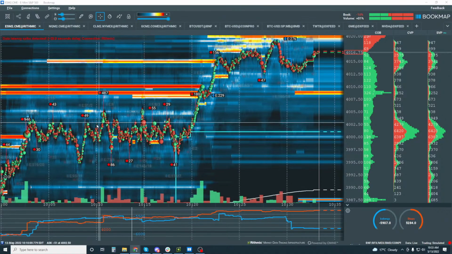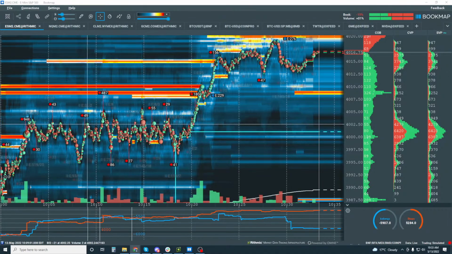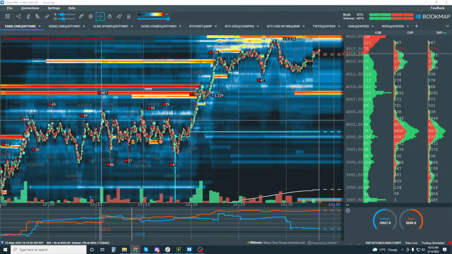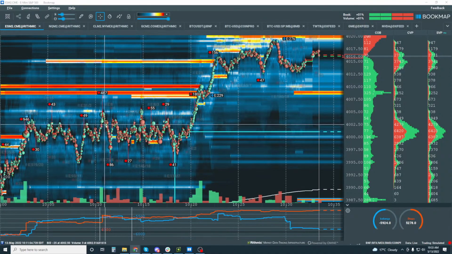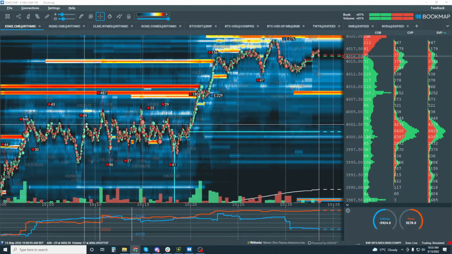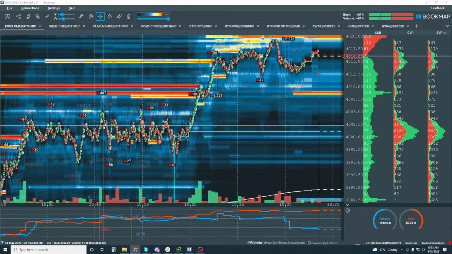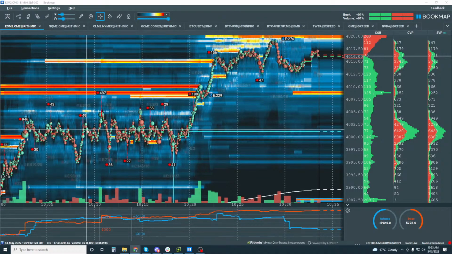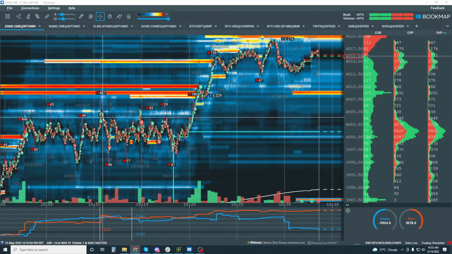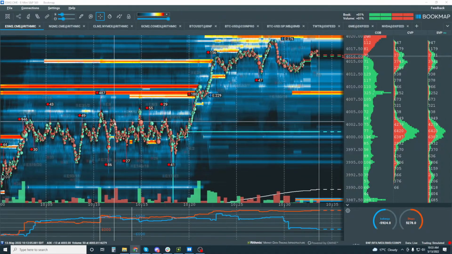Well, in my plan, it's worth going for some of these in here, to be honest. And the order flow looks pretty good. It should do it, or is what I find. And then they just slam on it.